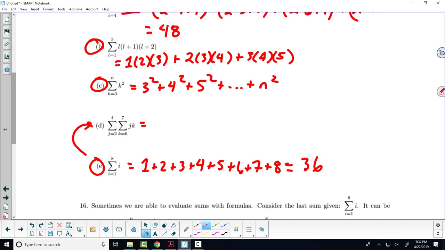Okay? So the first way to think about it is, I'm going to start off with j being 2 and k being 6. Now, working inside of this summand here, I'm going to keep j stuck at 2 while I run through this summand. So then I'm going to tick up k by 1, and so I've got 2 times 7. Okay? Now I'm at the end value for that sum, and so then I start over with j, and I tick j up 1, and I reset k.